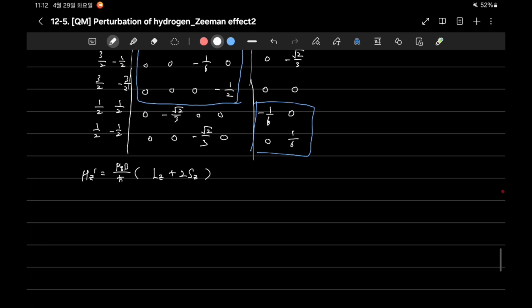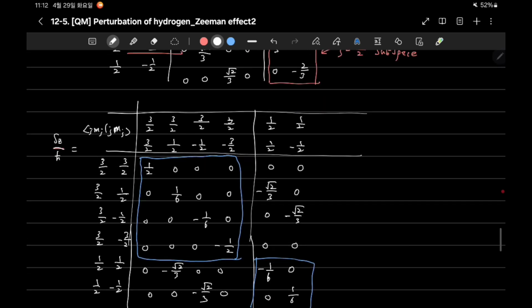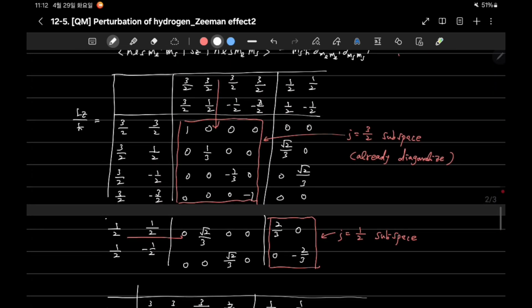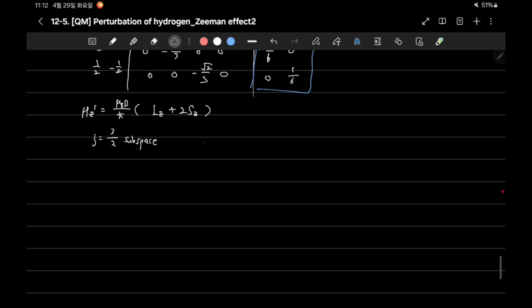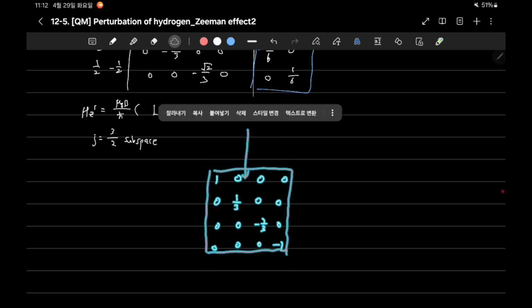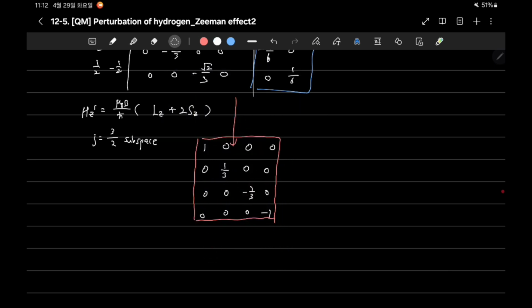For example, for the j equal to 3/2 subspace, LG equal to h bar.